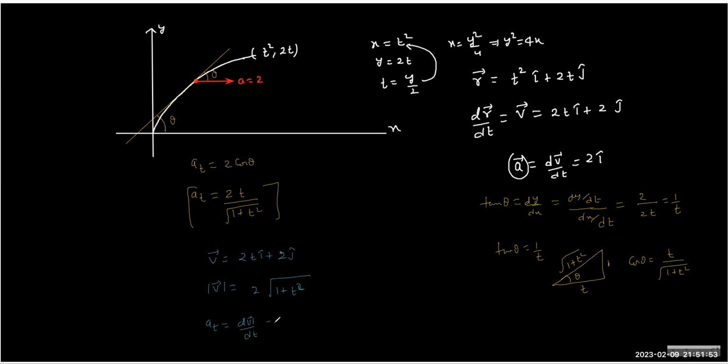So you simply differentiate. And 2 into 1 by 1 plus t square. Am I correct? And you can see the answer is coming 2t by... I think the answer is the same. You can check.